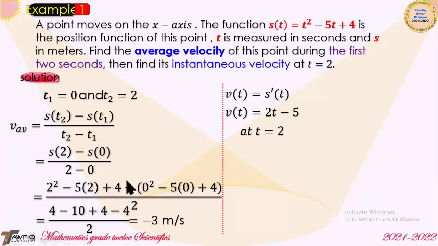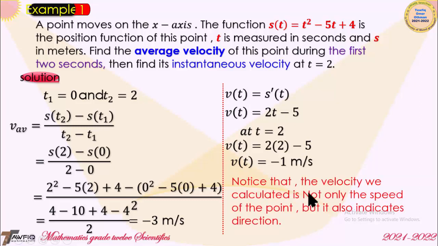We want it at t = 2. Therefore, v(2) = 2 times 2 - 5, that means v(2) is -1, which means the point moves backward 1 meter per second.